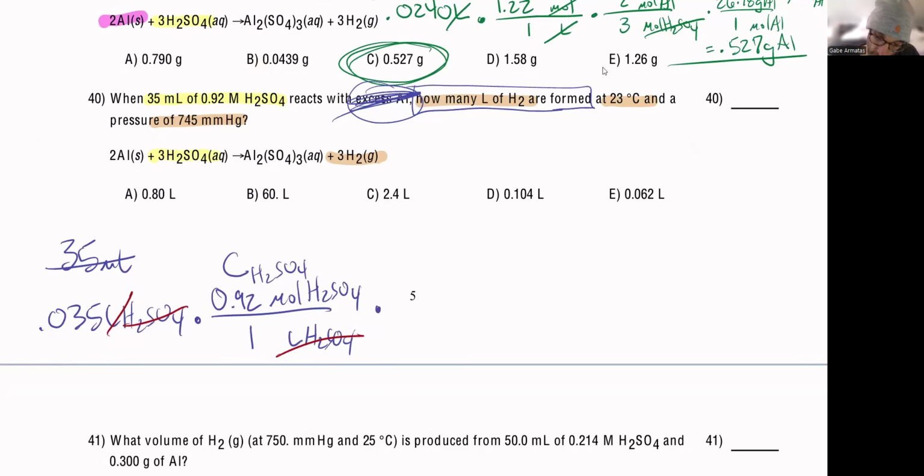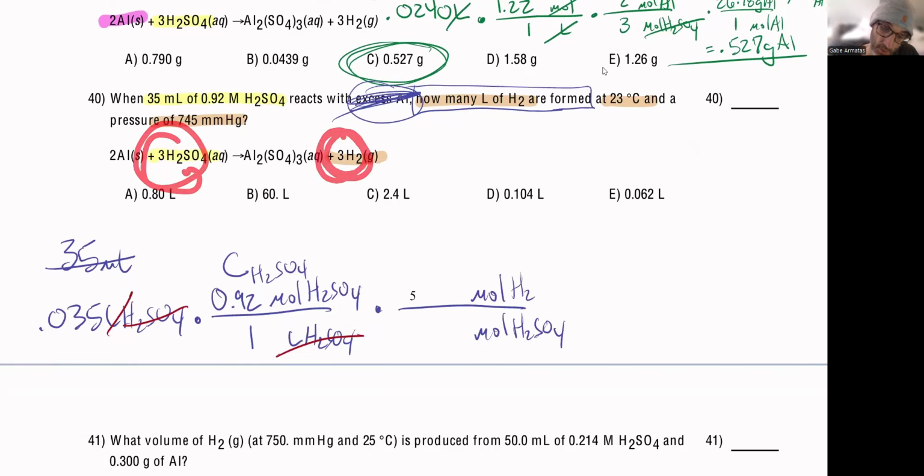But that's not what we're looking for. We're looking for moles of H2. According to the balanced chemical equation, 3 moles of H2SO4 is equivalent to 3 moles of H2. Well, that makes life easy. It's 3 to 3, or 1 to 1. So the math is done. We don't even have to do that last step.